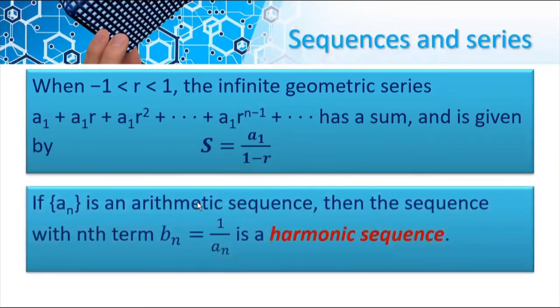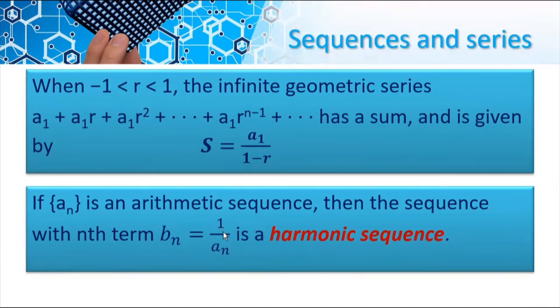Next, meron din mga tinatawag na arithmetic sequence na nag-undergo with the harmonic sequence. So, paano magiging harmonic? Ito ang kanyang definition. If the set of A sub n is an arithmetic sequence, then the sequence with the nth term P sub n equals 1 over A sub n is harmonic sequence.